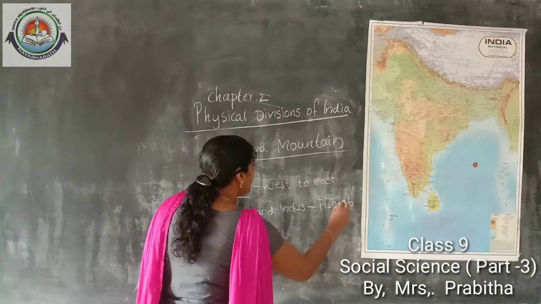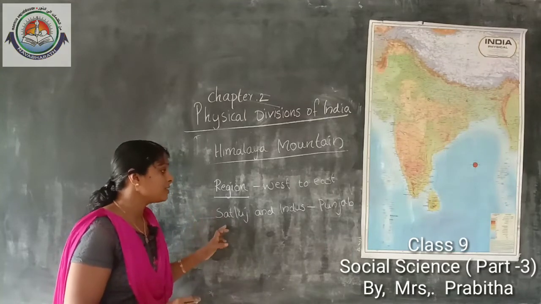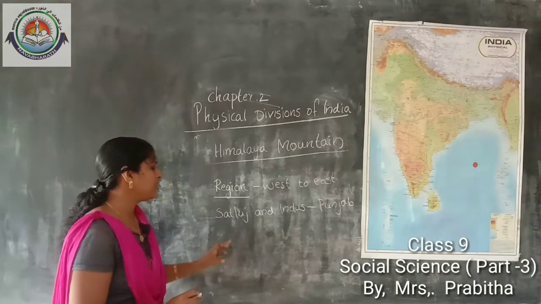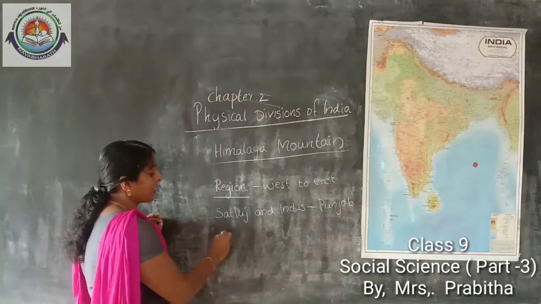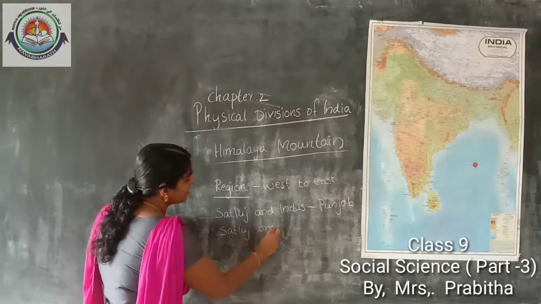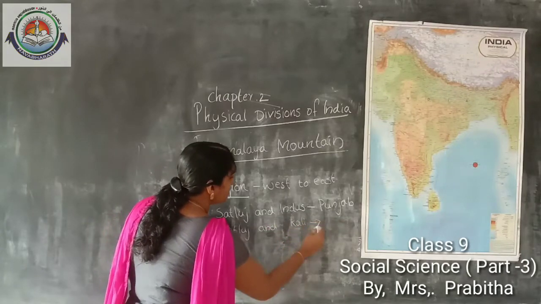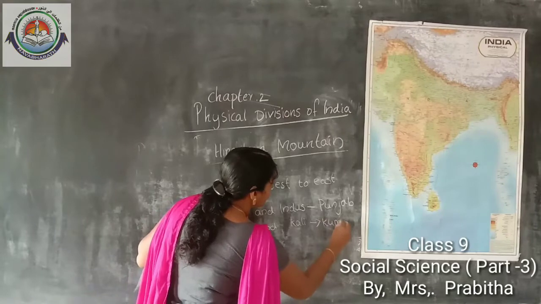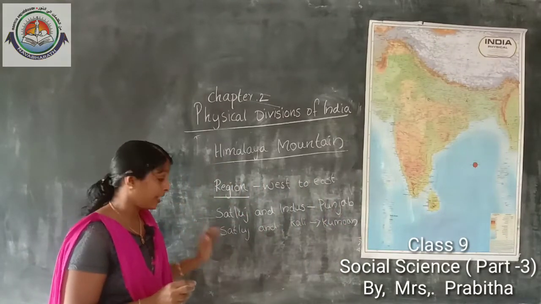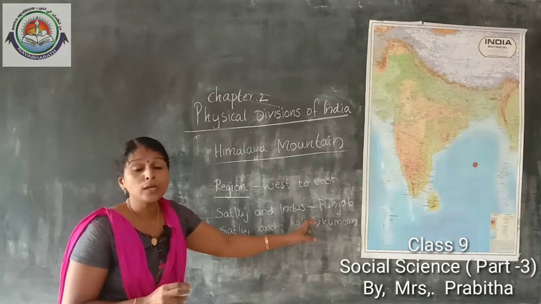The Himalaya lying between the Sutlej river and Indus river is known as Punjab Himalaya. Next, the Himalaya lying between Sutlej and Kali river is known as Kumon Himalaya.